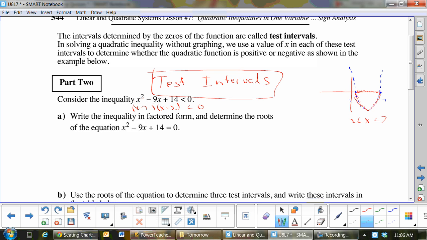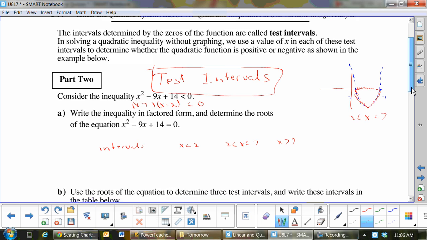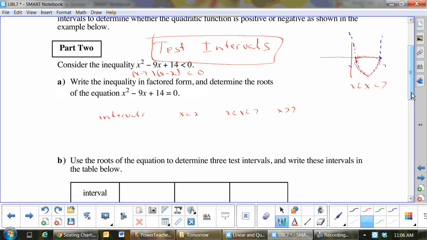So, what are my intervals? They are when x is less than 2, when x is greater than 2 and less than 7, and when x is greater than 7. Then you just do your chart like this.